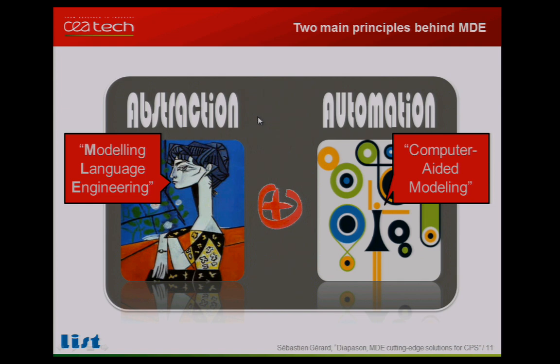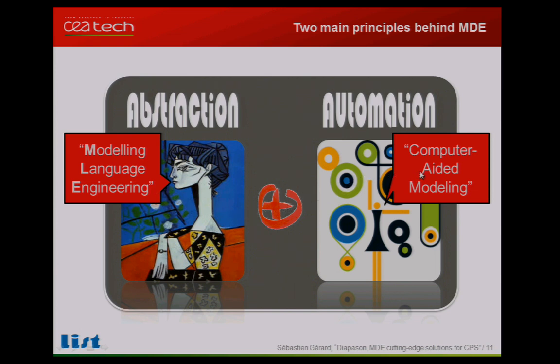Behind model-driven engineering, there are two main concepts that are very important to understand, which are abstraction and automation. Abstraction is what we put in the domain of modeling language engineering. It is the art of designing the right modeling language for your problem, for your concern. Behind this concept, we often have the concept of domain-specific modeling language.